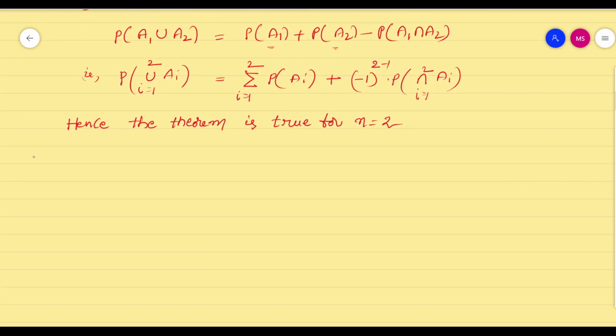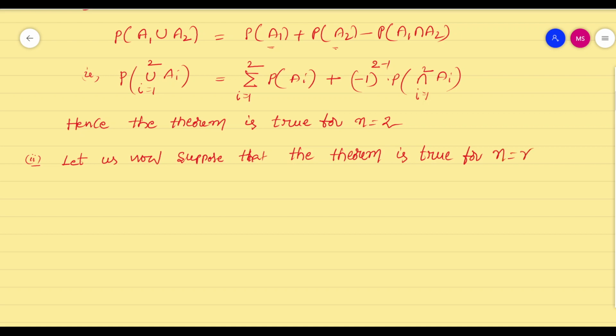Next, this is the second step. What is the second step? Let us now suppose that the theorem is true for n equal to r.